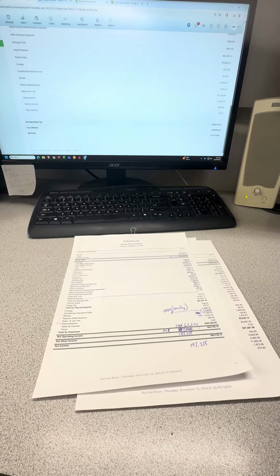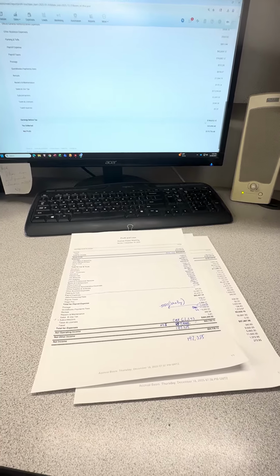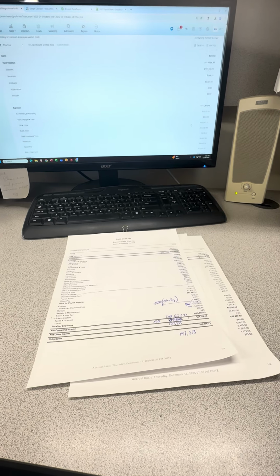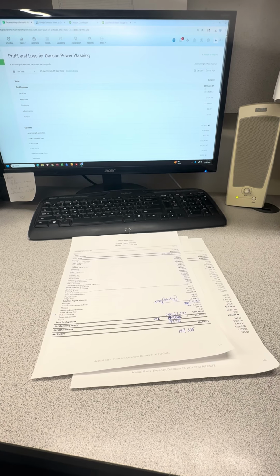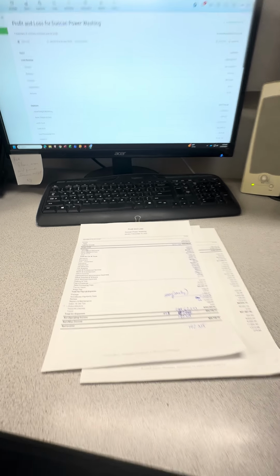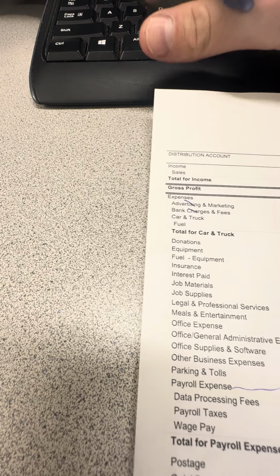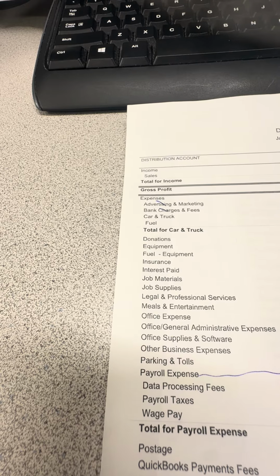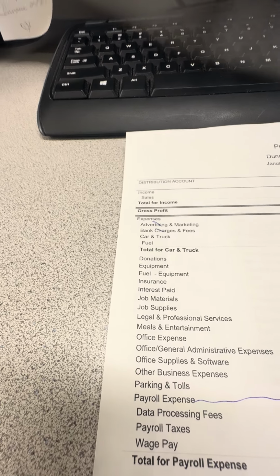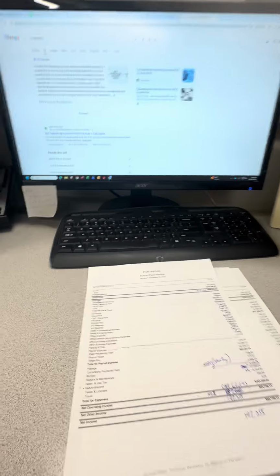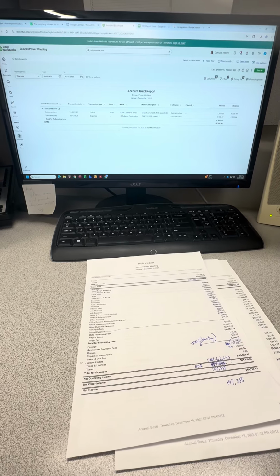So what we did to find the net operating income was subtract expenses from revenue, if that's correct. Total income minus total expenses. Good, so that was correct.